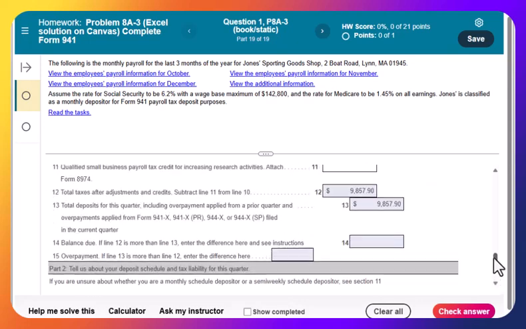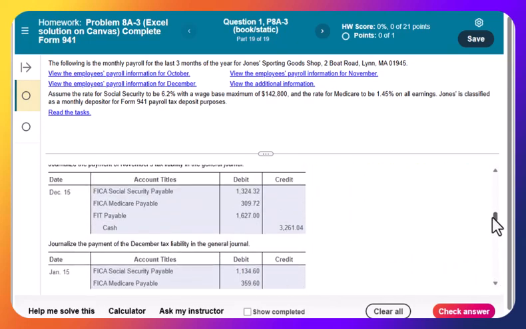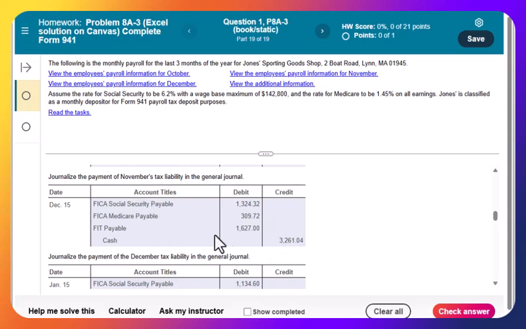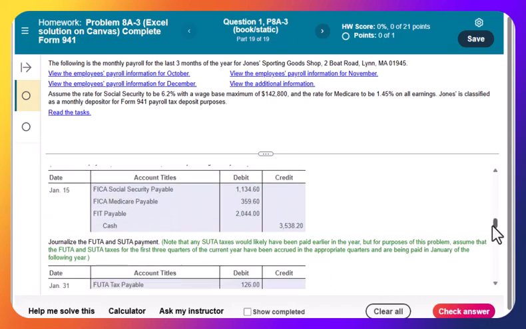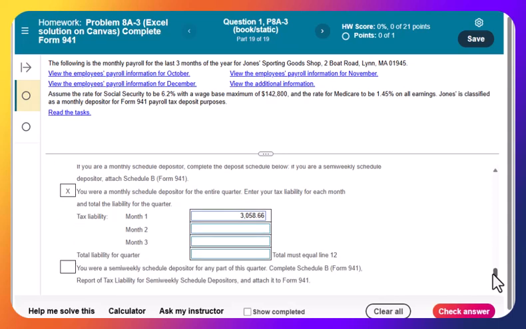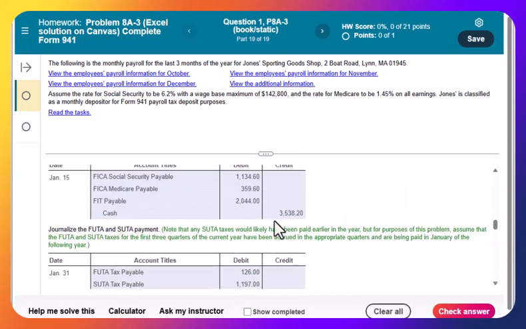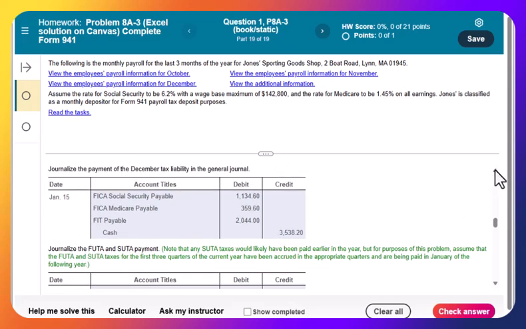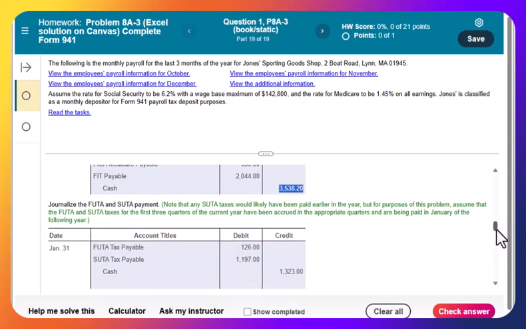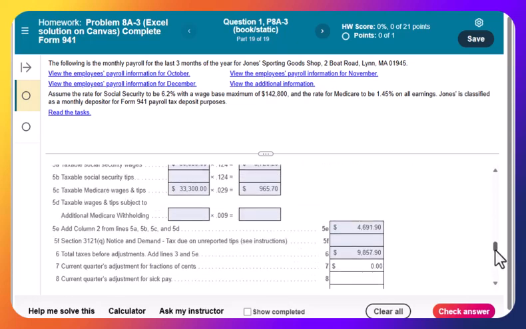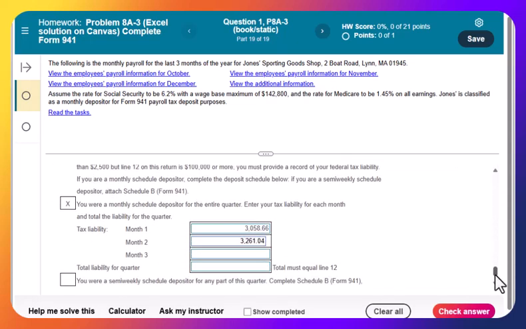Then month 2, we're going to go ahead and grab November's FICA and FIT payment here, the payment we made in cash of $3,261.04 for month 2. And then month 3 will be December's FICA and FIT payment, and that is here the $3,538.20. And then also, again, make sure you don't grab FUTA and SUTA, which is right below, because that's not part of the 941 here. The total payments for the FICA and FIT anyway.